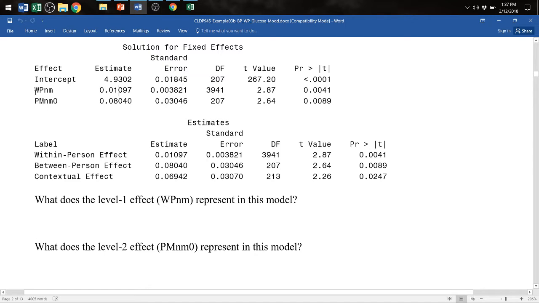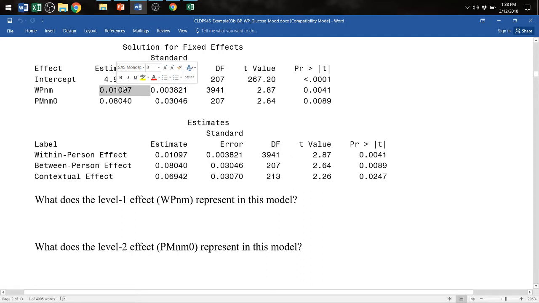For every 1 unit in what? Well, within person negative mood is for every unit grumpier you are than your mean, because 0 is wherever you are on your average. So if I am grumpier by 1 on this scale, that day's glucose goes up by 0.01. Per unit grumpier than usual, the change in Y is 0.01.